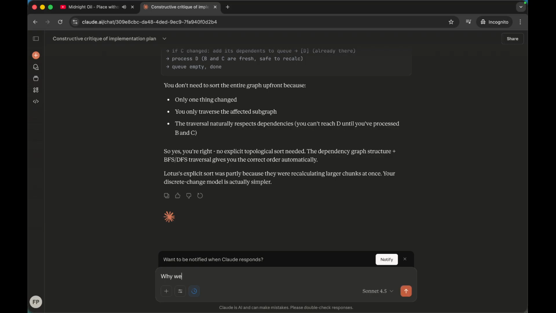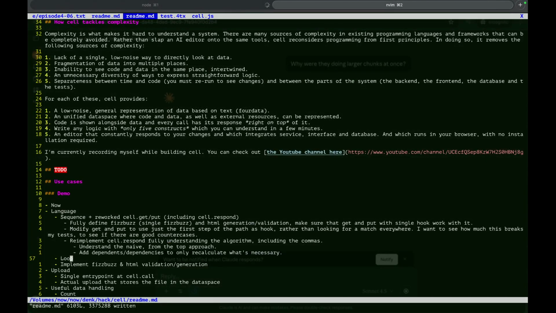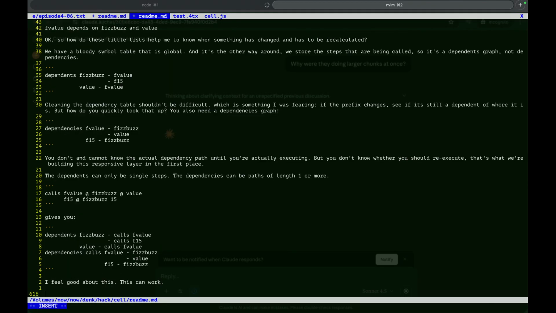Why were they doing larger chunks at once? I'm just thinking about earliest combined, like subparsers. Is there anything like this available here?